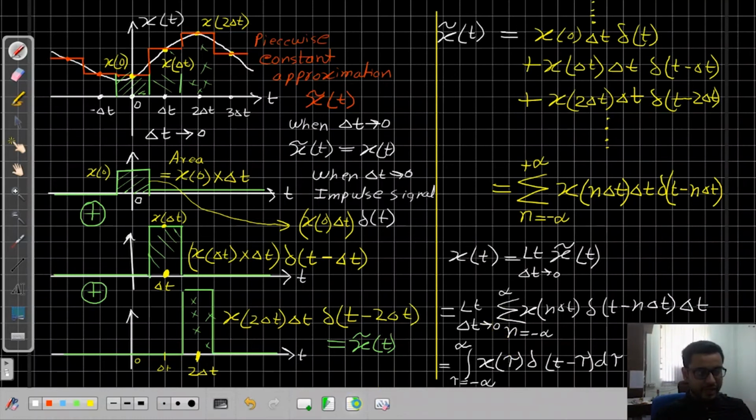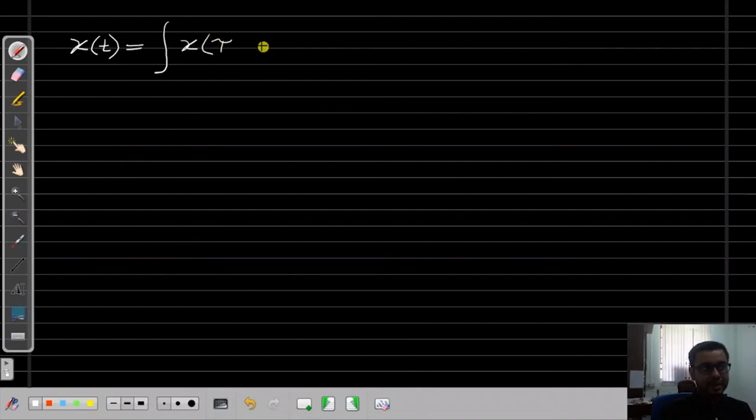Let me write it freshly once here. Any signal x of t can be written as the integration of x of tau delta of t minus tau. The integration is carried over tau.